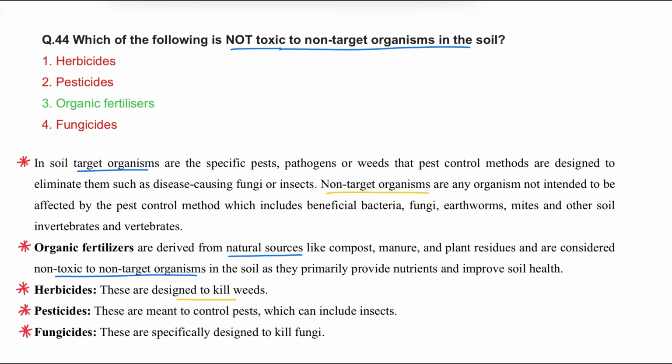Herbicides are designed to kill weeds, pesticides are meant to control pests, which can include insects also. Fungicides are specifically designed to kill fungi. The correct answer is organic fertilizers are not toxic to non-target organisms in soil.